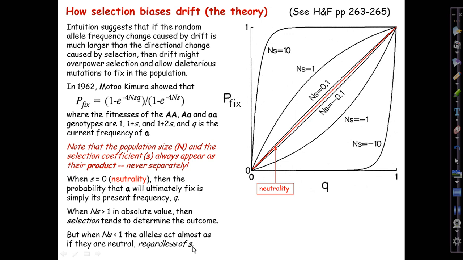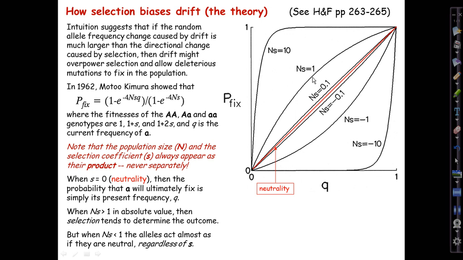That is, regardless of how different the fitness of their carriers is, they will act as if neutral if the population size is small enough that the product of the fitness difference between the alleles and the population size is only of the order 1/10.